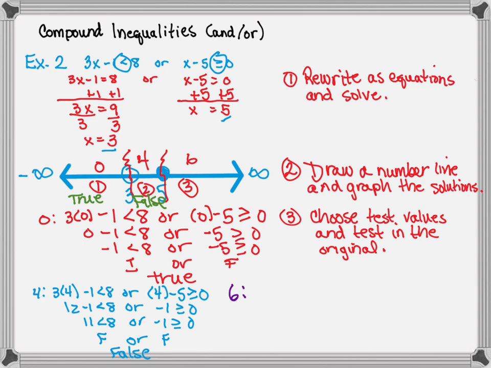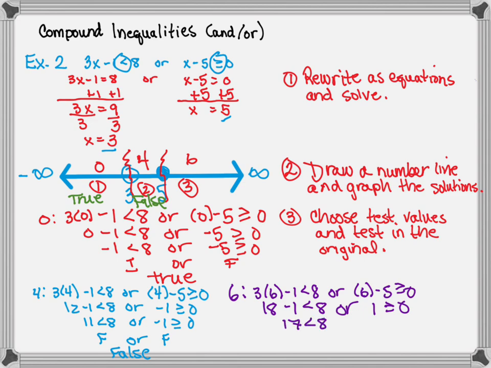Let's test the 6. 3 times 6 minus 1 less than 8, or 6 minus 5 greater than or equal to 0. 3 times 6 is 18, so 18 minus 1 is less than 8, or 6 minus 5 is 1, so I have 1 greater than or equal to 0. 18 minus 1 is 17, so I have 17 less than 8, or 1 greater than or equal to 0. 17 is not less than 8, so that is false.